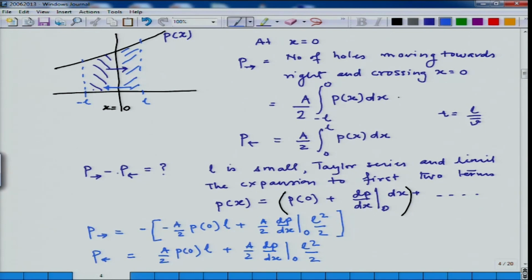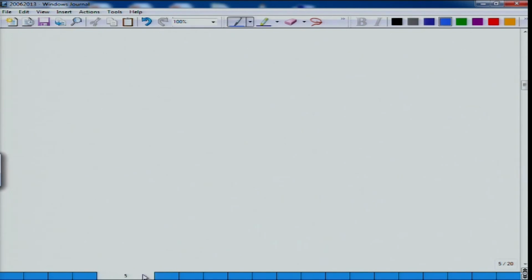So, now let us evaluate the difference of this to figure out the net carrier concentration across x equal to 0, and we are finally interested in the flux of holes crossing x equal to 0.